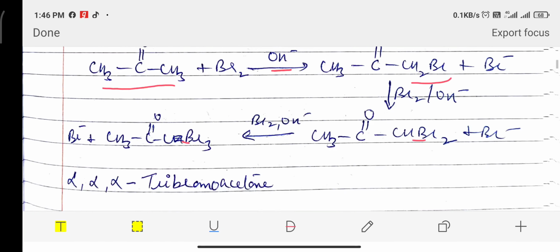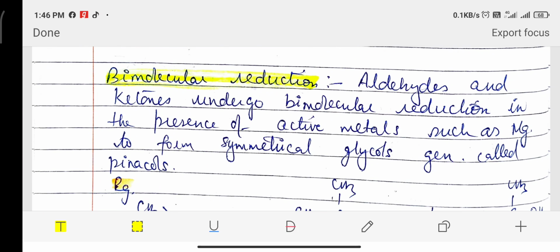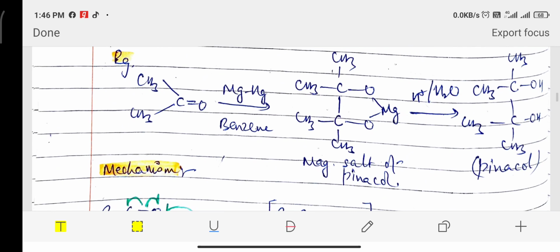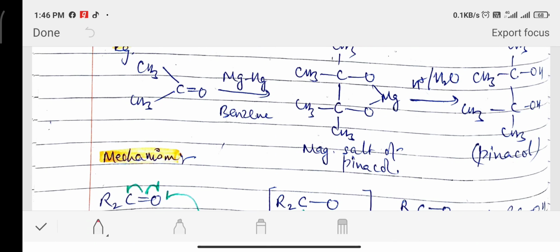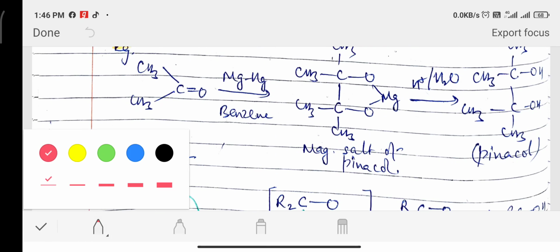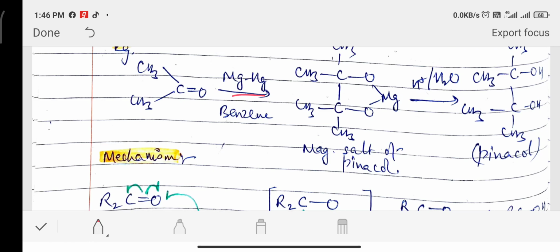Next we take up bimolecular reduction. Bimolecular reduction means two molecules are reduced in the presence of active metals like magnesium, and this reaction gives pinacols. In this we take acetone with magnesium amalgam and benzene.